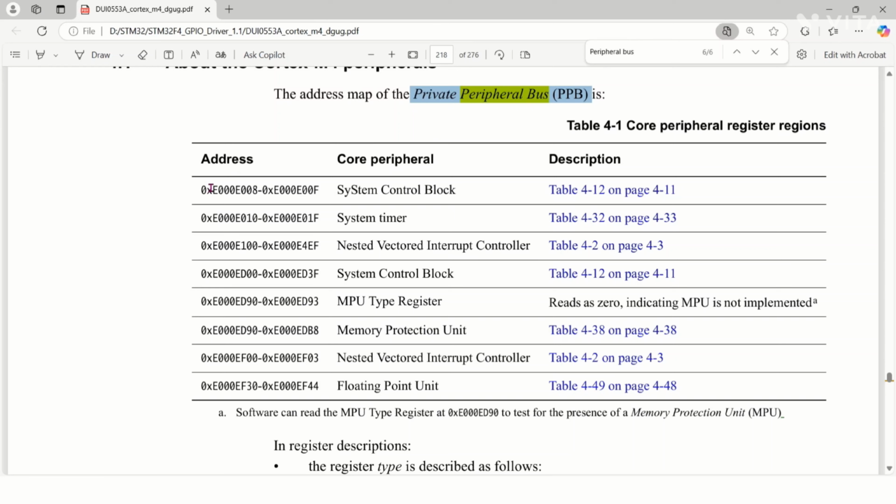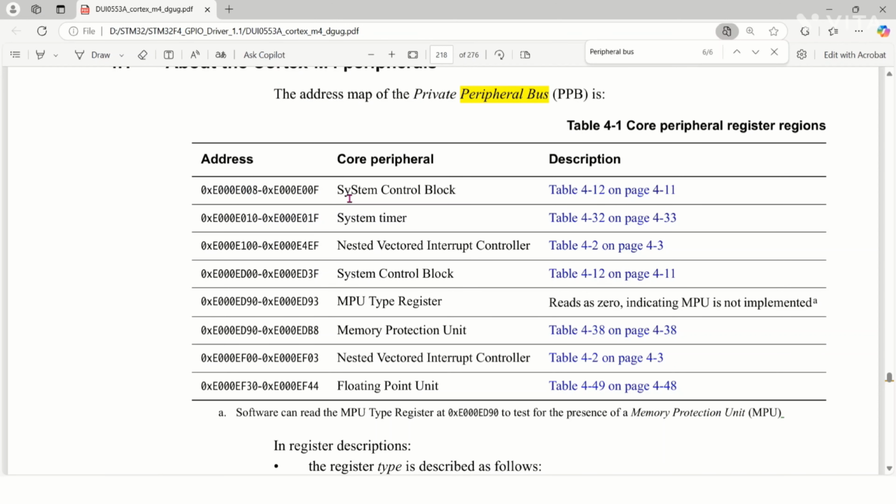Every register address starts with E0. Observe, all registers under the private peripheral bus start with E0. Remember one thing: whenever a register address starts with E0, you can easily say that register comes under the system private peripheral bus registers. By using these registers, you can configure the system level exceptions as well as other system level things.